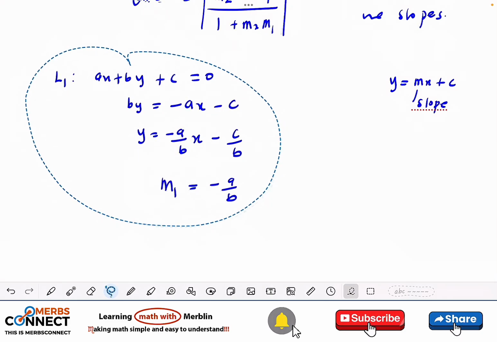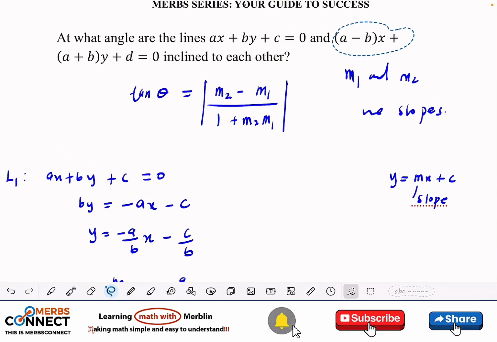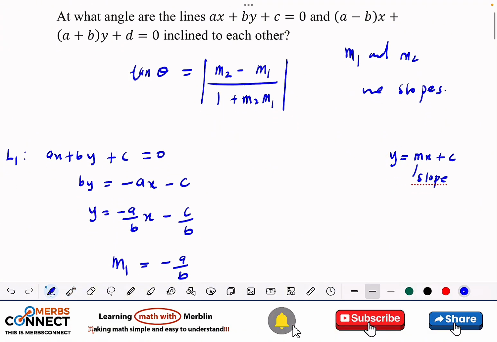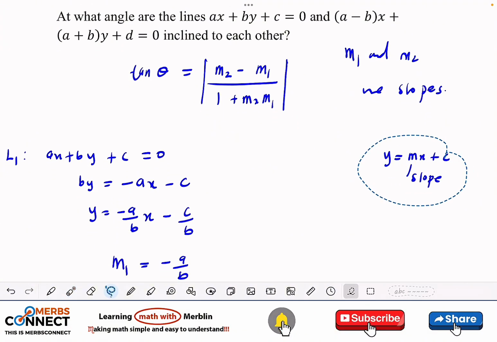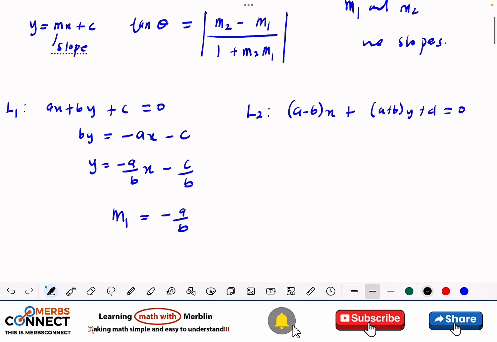We need the second slope, which is m2. So let's write this one too in this form. Now L2 is (a minus b)x plus (a plus b)y plus d is equal to 0. Same thing here: (a plus b)y is equal to minus (a minus b)x minus d.